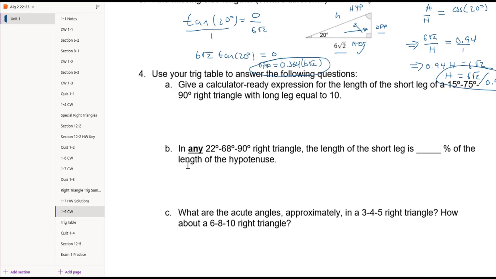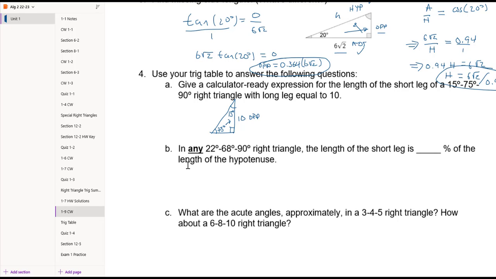In problem 4, we're just asked about the relationships in a 15, 75, 90 right triangle. So just draw a right triangle. It doesn't have to be to scale, doesn't have to be accurate, really. It helps to be close, but that's 75, and that's the smaller angle. That's 15. We know it's the smaller angle because this looks like the shorter side of the two. The long leg, which is across from the bigger acute angle, would be 10, so that's your opposite side.